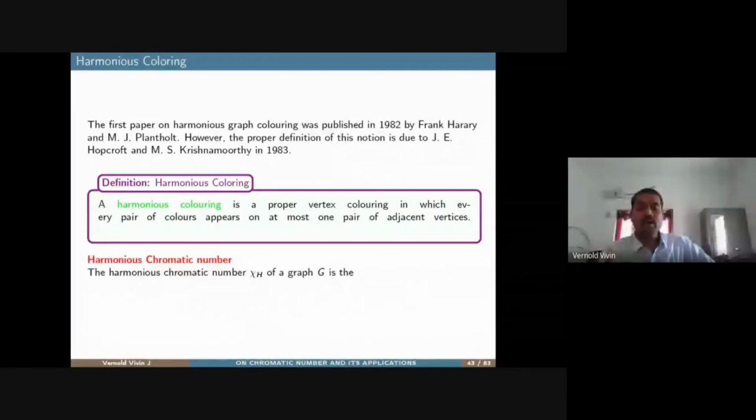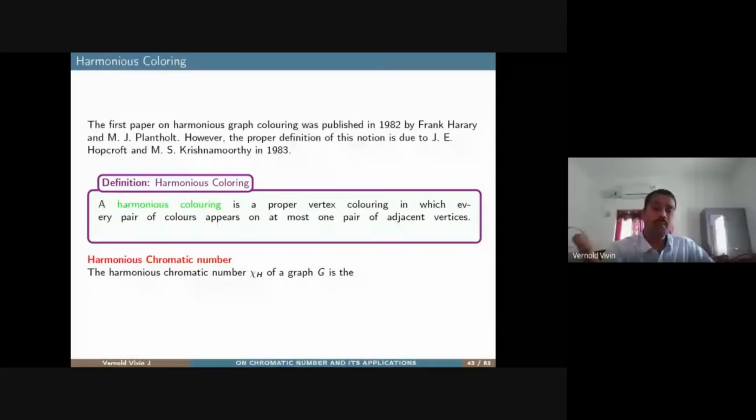A harmonious coloring is a proper vertex coloring. The condition here is that every pair of colors appears on at most one pair of vertices. At most means at the maximum there should be only one pair.